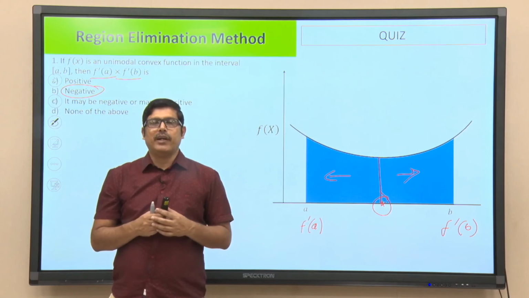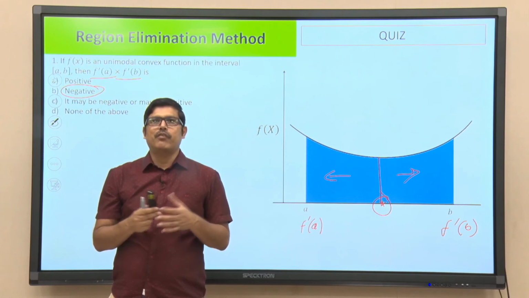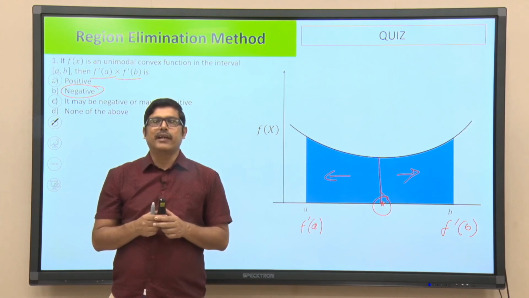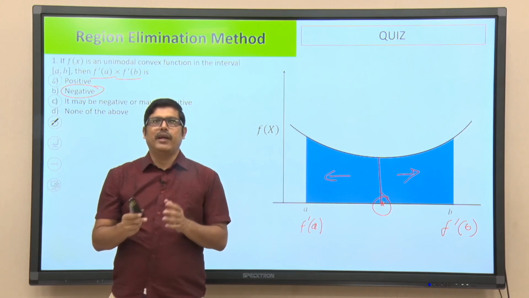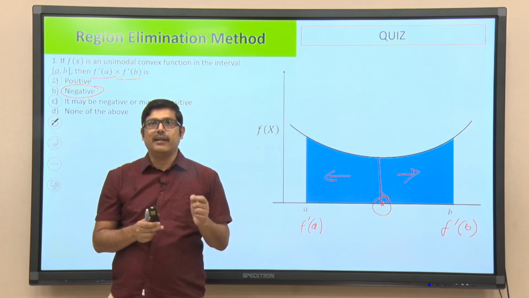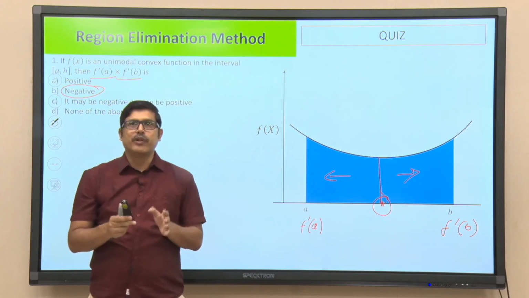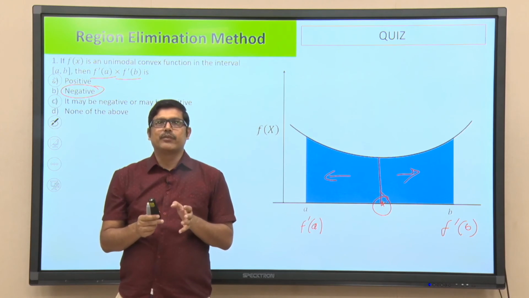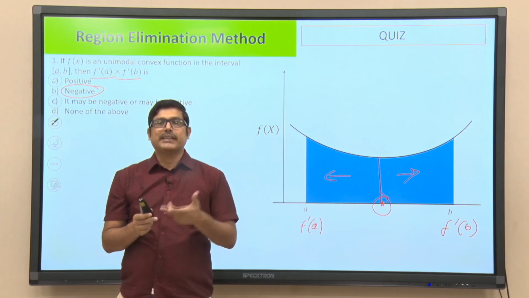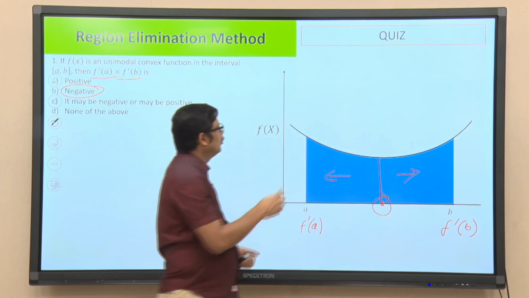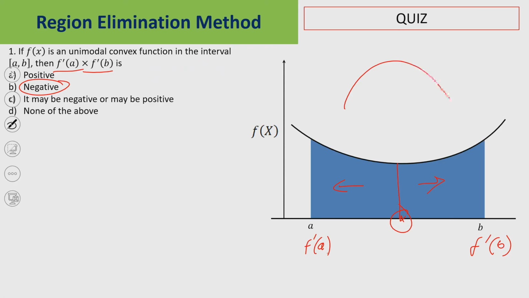Otherwise, what I can say is that for a unimodal function, if this product is negative, then there must be a minimum between a and b. So if the product of these two derivatives is negative, there is a minima between a and b, or there is a maxima between a and b. This is true for this type of function also.